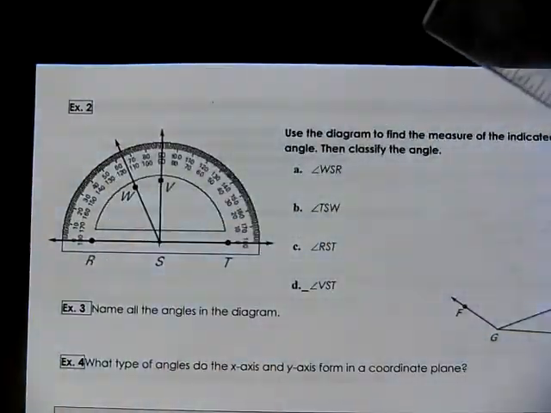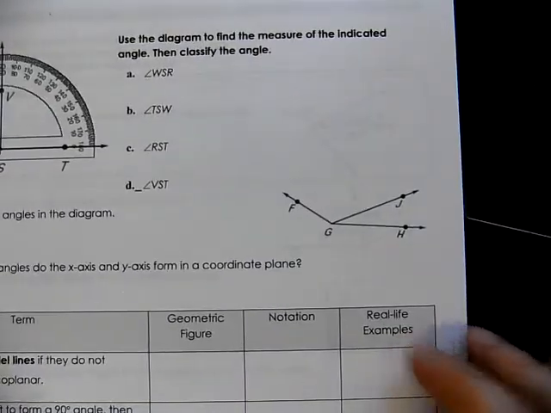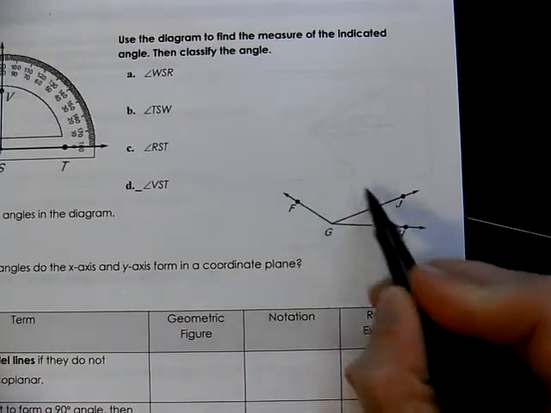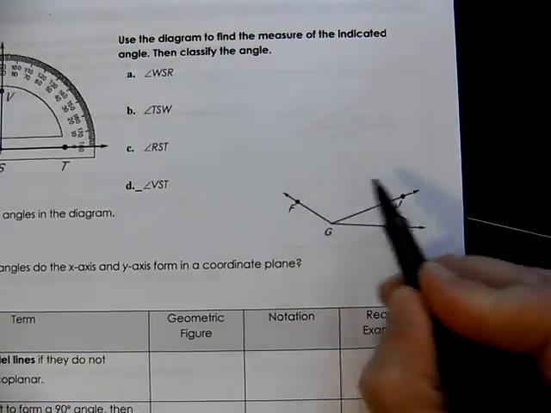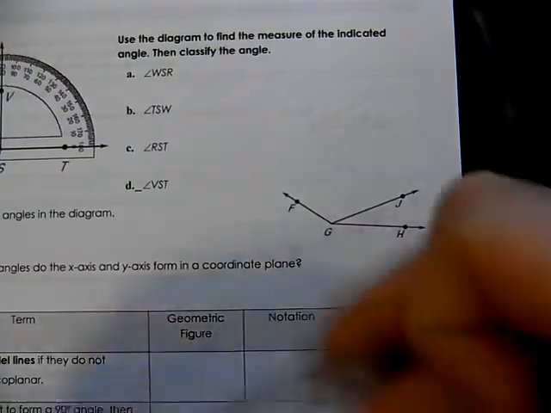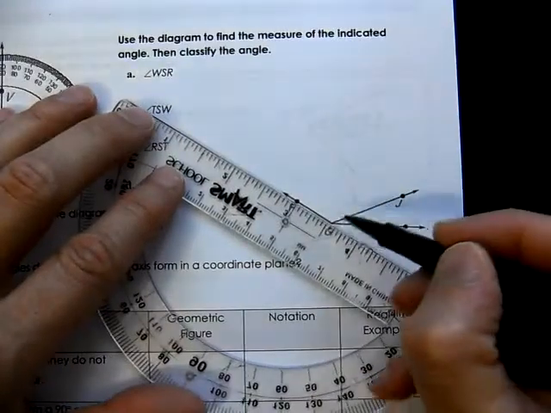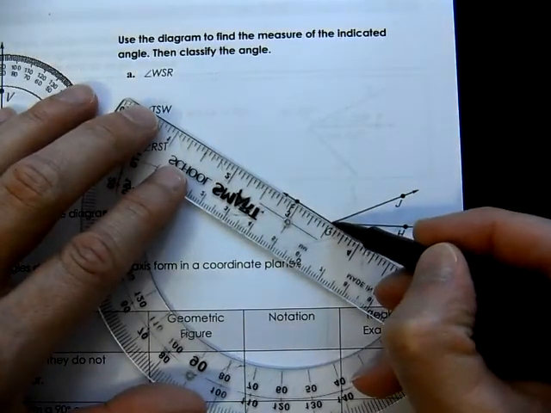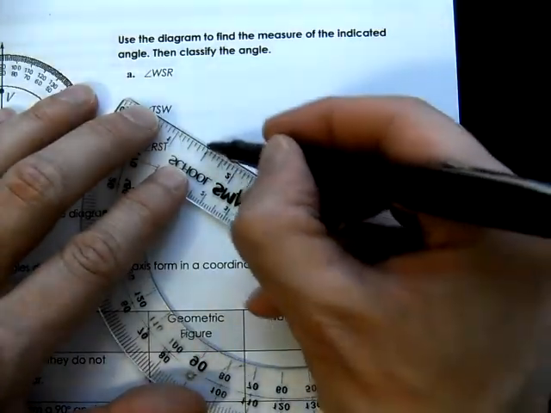So most often, and I'm jumping ahead a little bit here, if I were to look at this diagram and I were to say, I need to measure this angle, well, the first thing we might want to do is just extend the sides a little bit to make it easier to measure with our protractor. So I'm just making that a little bit longer.